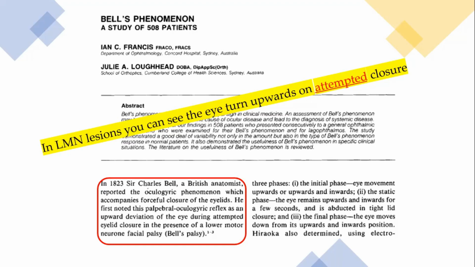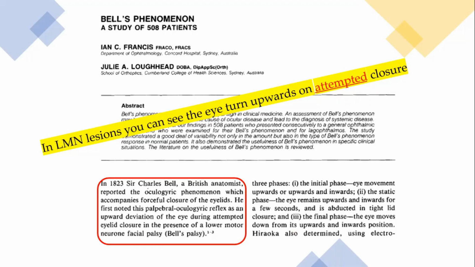What's interesting about Bell's phenomenon is that even in the presence of facial nerve palsy, a lower motor neuron lesion, even just the attempt of closure, and remember the word attempt, you will have good Bell's phenomenon. This is very interesting because in any reflex, if we have an issue in the afferent, usually there is no result.